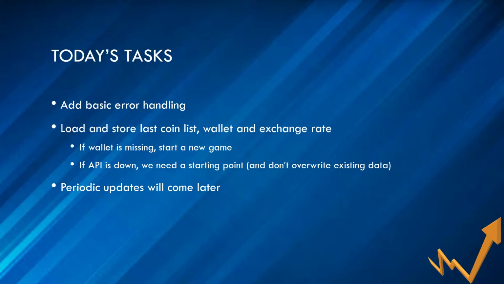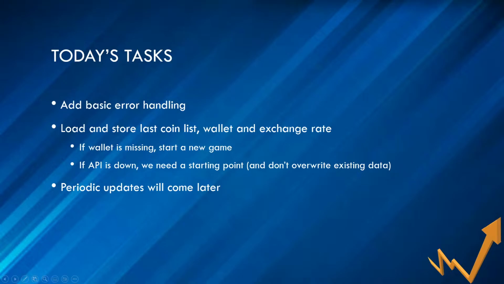And we store the latest exchange rate, so we can instantly show that the last time your wallet was at that much value, and later on you can check, even when the internet is broken or the server is broken. It's a fallback mechanism, so even if we can't update, we have something to depend on, even if it's outdated. And yes, we will need periodic checks later, we just don't do it yet.